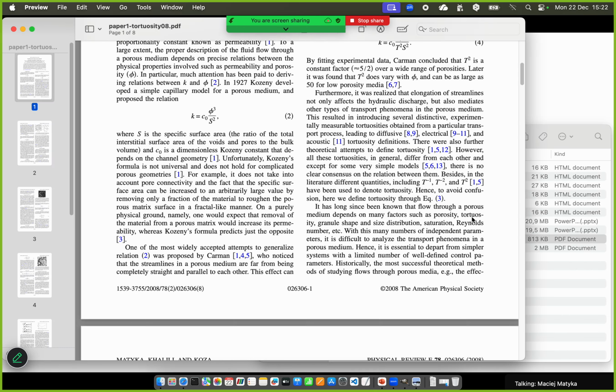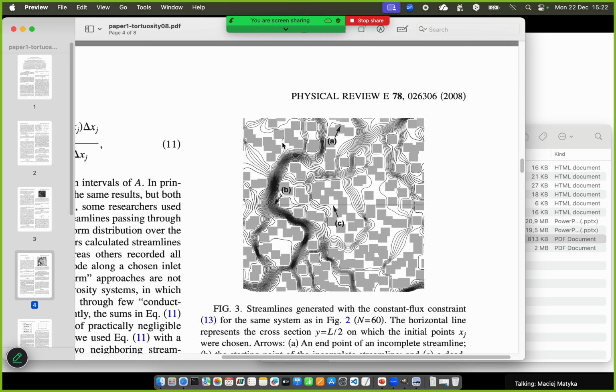It's a paper about tortuosity, and I was computing a flow over systems of randomly deposited obstacles. So here you have a solution from a lattice Boltzmann code, one that I was writing when I was a PhD student, and these are the streamlines of a fluid going through narrow passages in between a porous domain.